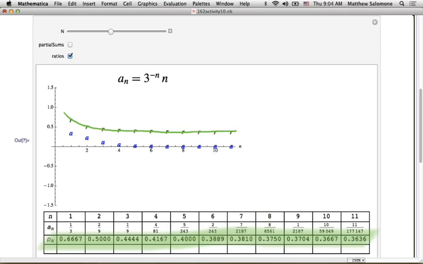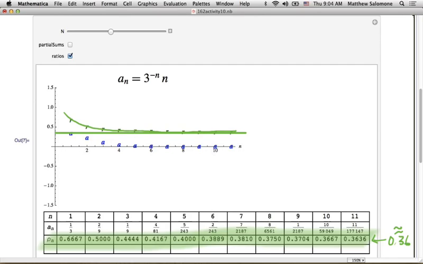And that something that those ratios level off to is what we call the asymptotic ratio of this series. And in our example, what does it look like? It's leveling off to, at least as far as the first few terms that we're looking at here, approximately 0.36.